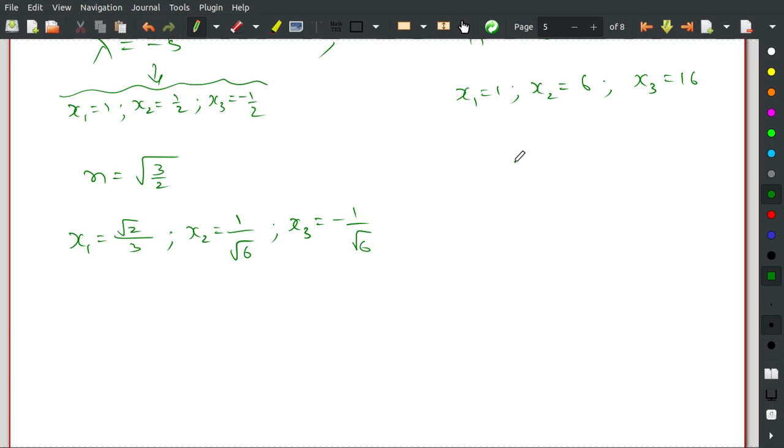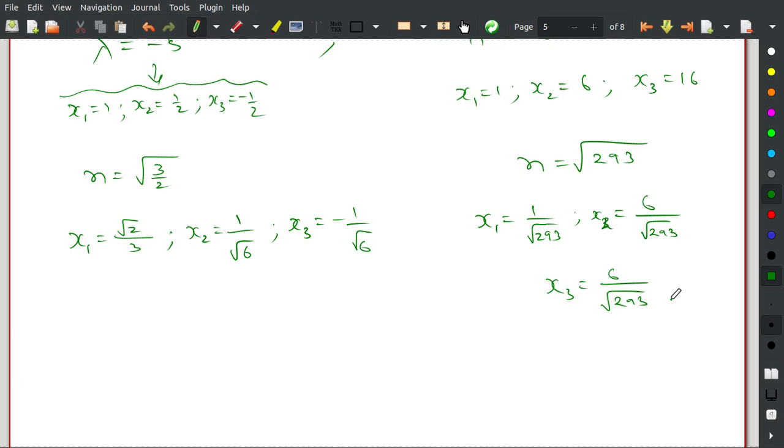Similarly, here I got the norm as root of 293, I think so. Yeah, it's 293, and the normalized vector is x1 equals 1 by root 293, x2 equals 6 by root 293 and x3 equals 6 by root 293.